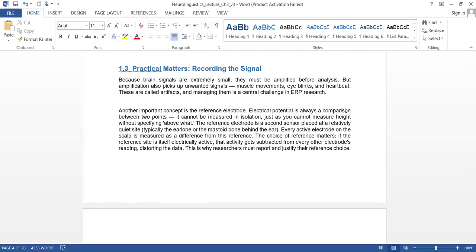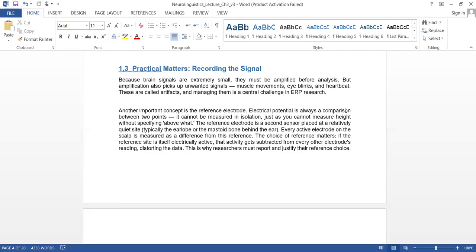Another important concept is the reference electrode. Electrical potential is always a comparison between 2 points. It cannot be measured in isolation, just as you cannot measure height without specifying relative to what. The reference electrode is a second sensor placed at a relatively quiet site, typically the earlobe or the mastoid bone behind the ear.